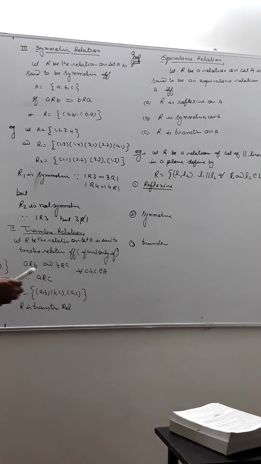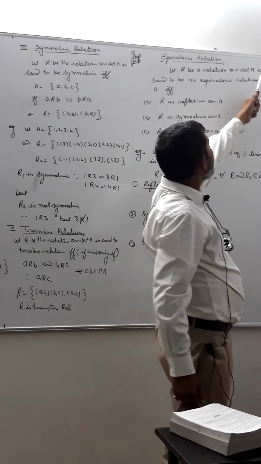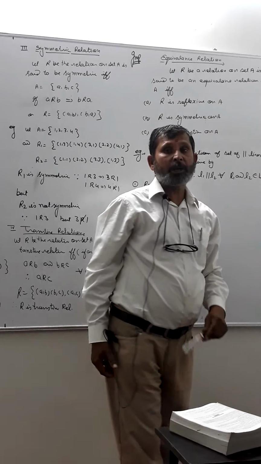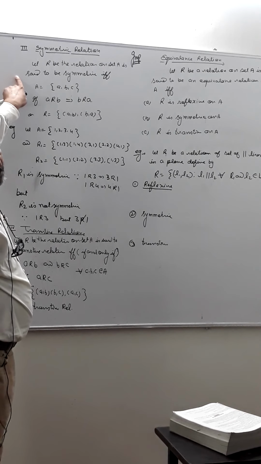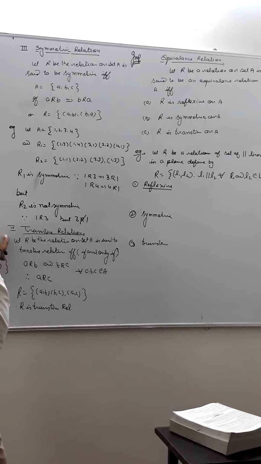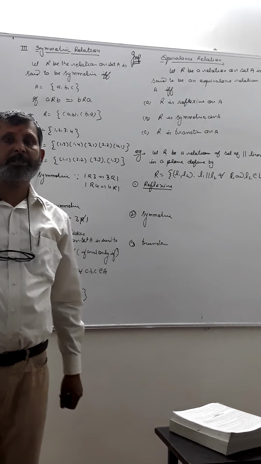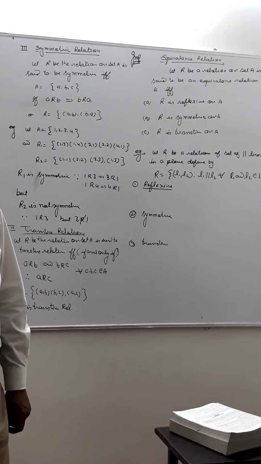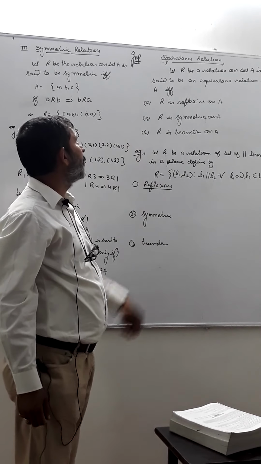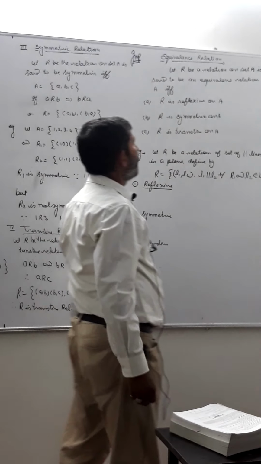Let R be a relation on set A. It is said to be an equivalence relation on A if and only if the relation is reflexive, the relation is symmetric, and the relation is transitive. If a relation is reflexive, symmetric as well as transitive, then the relation is known as an equivalence relation.